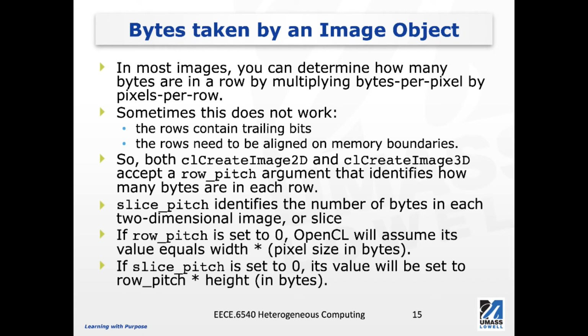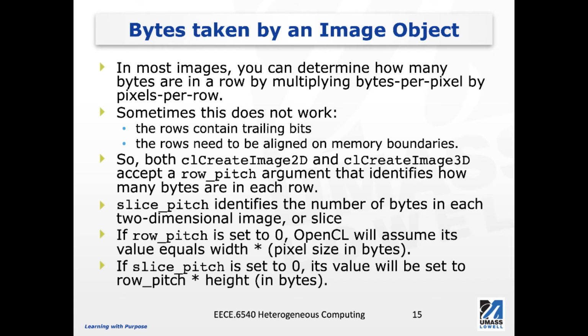So that's why in this create image API, we use the row pitch argument that identifies how many bytes are in each row. Slice pitch identifies the number of bytes in each two-dimensional image or slice. If row pitch is set to 0, OpenCL will assume the value equals width times the number of bytes per pixel.